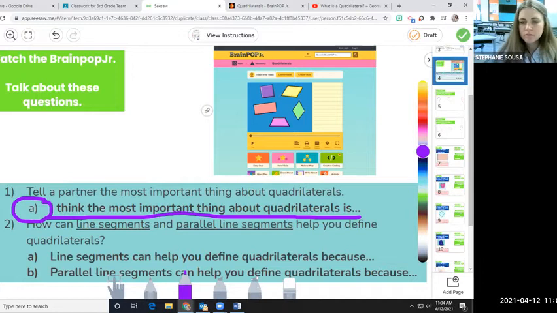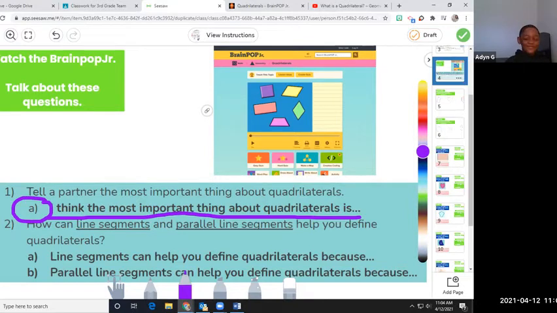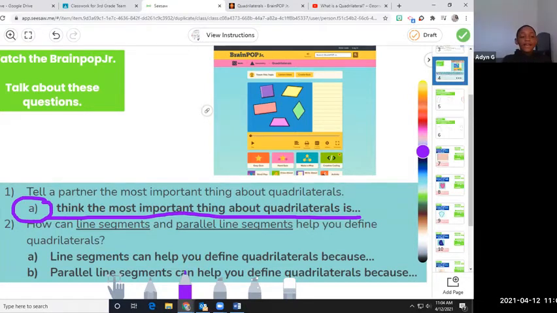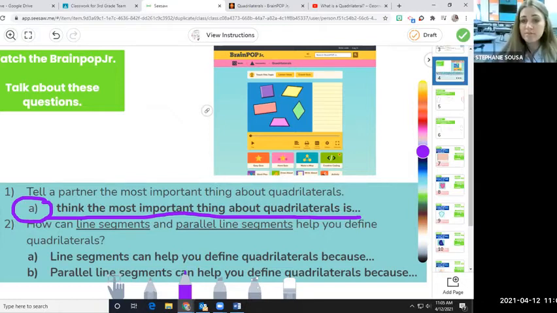The most important thing about a quadrilateral is that a quadrilateral is basically like a square, but it is turned, but doesn't have even sides. That is one type of quadrilateral. Yes, there are many, many types of quadrilaterals. That is one of them.